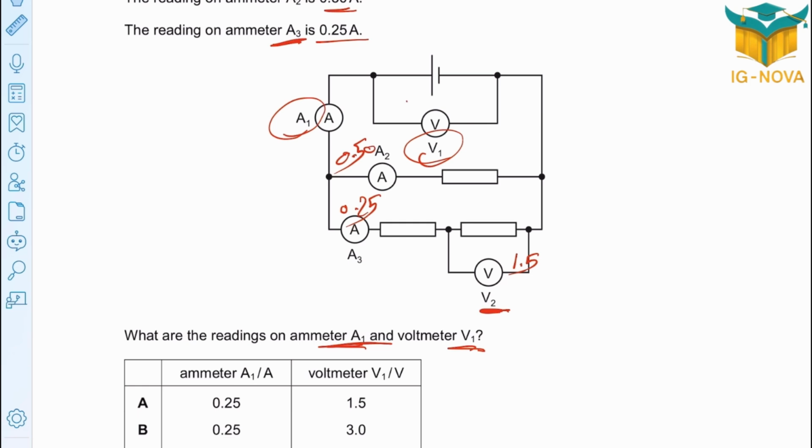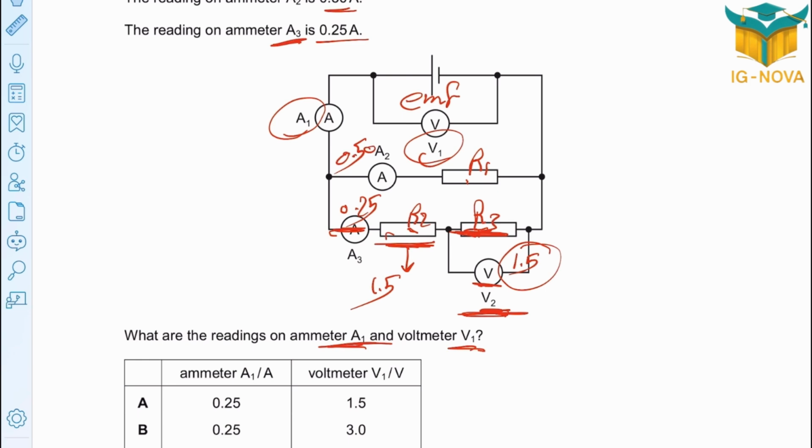V1 is the EMF. And as these three resistors, R1, R2, R3, are equal, for that this voltage is 1.5, so also here it's 1.5. Same current, same resistance, so voltage will be the same.